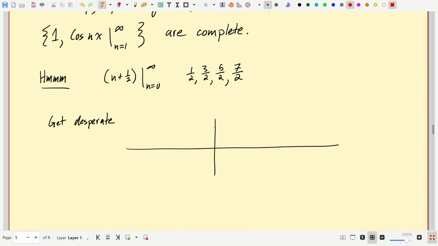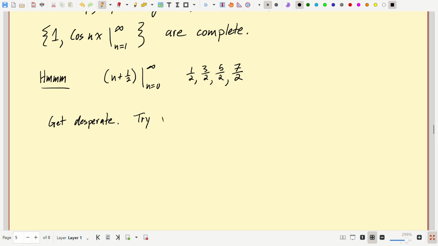Okay, I think I'll save this for next time because I'm going to get desperate. I'm not going to do it today because even though I am desperate, I messed something up in my notes. Get desperate. Try various kinds of extensions of functions to various intervals.